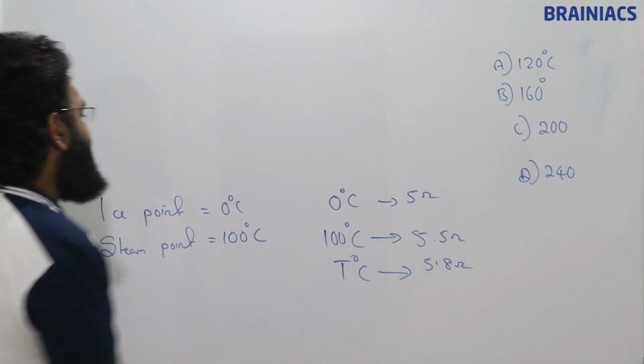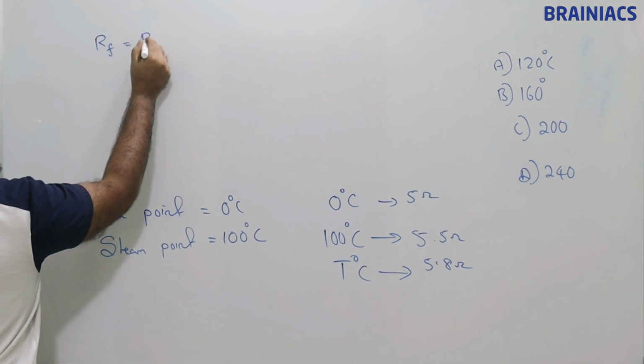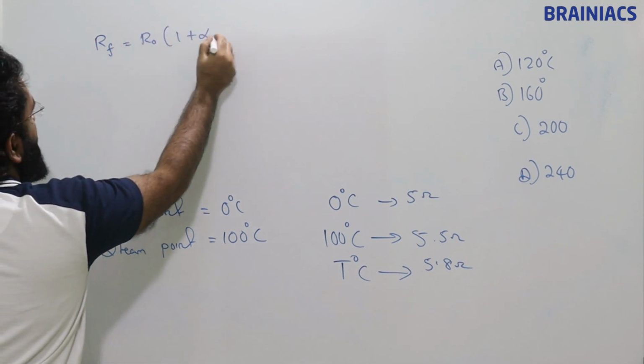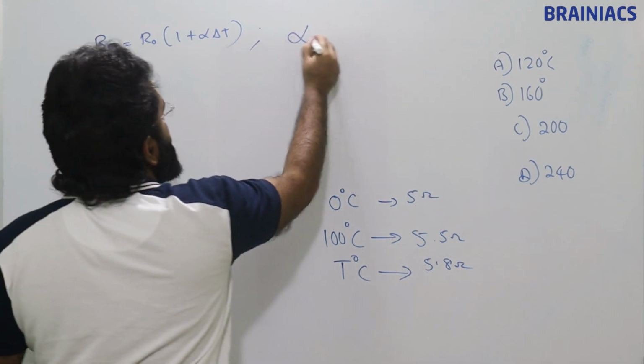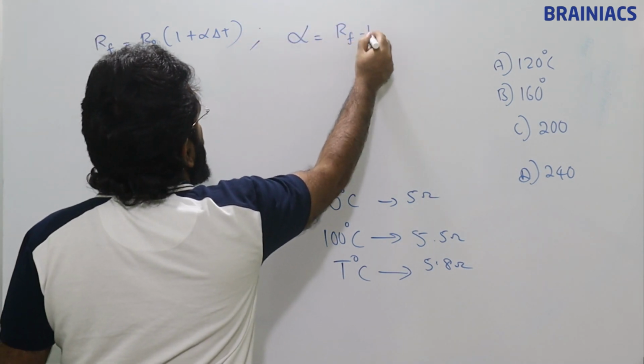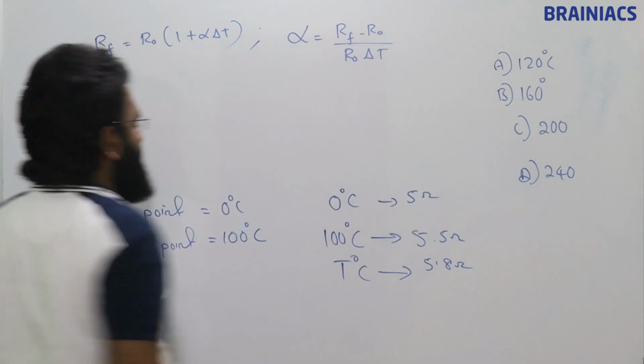So Rf is equal to R0 into 1 plus alpha delta T. Another thing is alpha is equal to Rf minus R0 divided by R0 delta T.